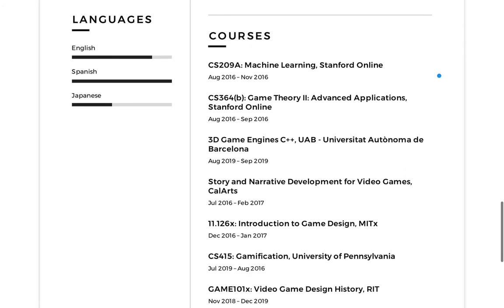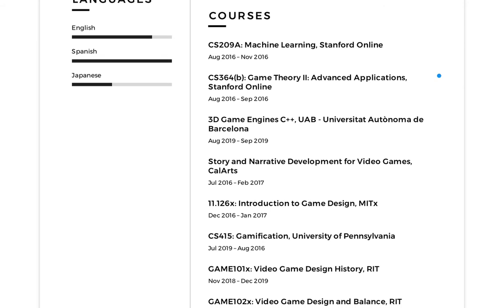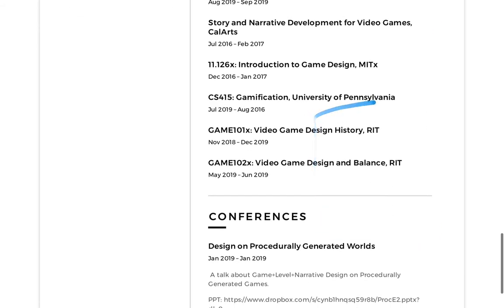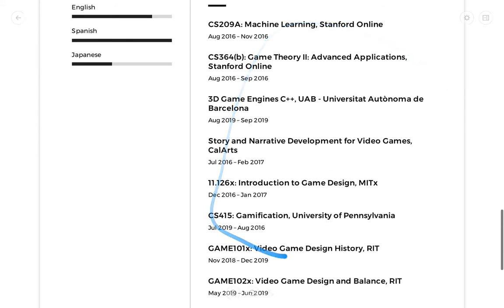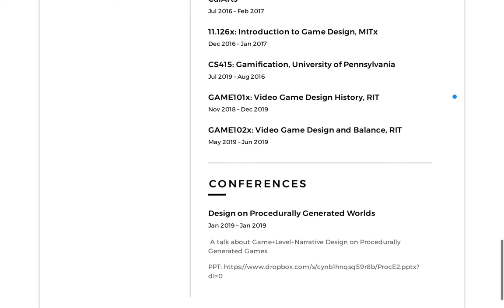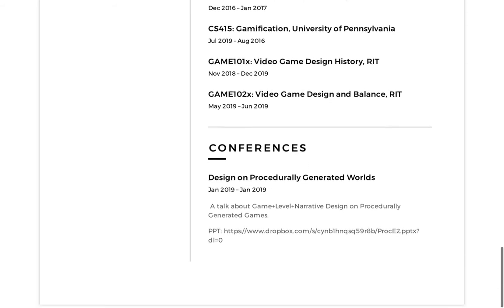So, various online courses, including machine learning from Stanford, game theory 2 from Stanford, and gamification at University of Penn, whatever it is. You could easily make this entire section a couple of sentences, and I think that would be just as impactful for the reader.